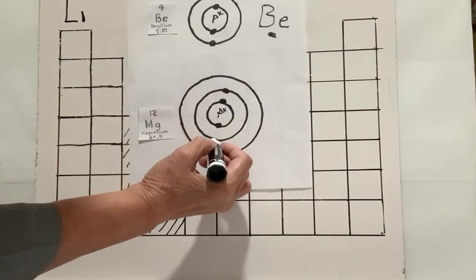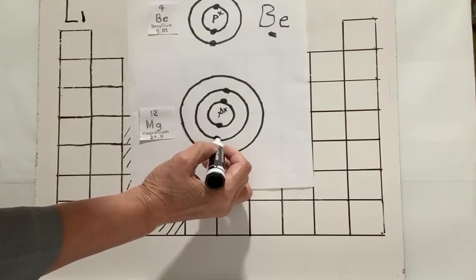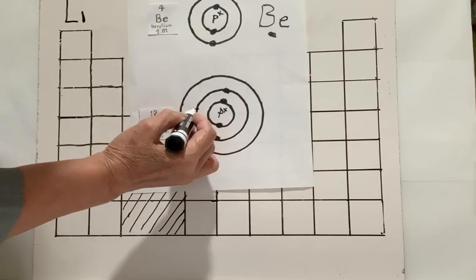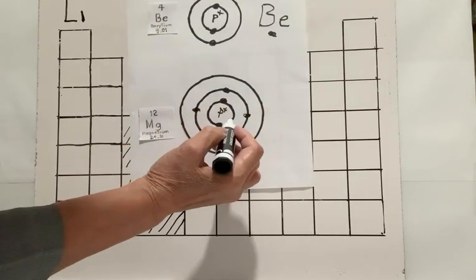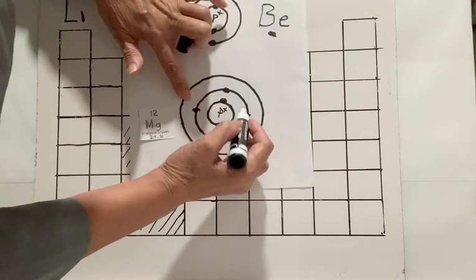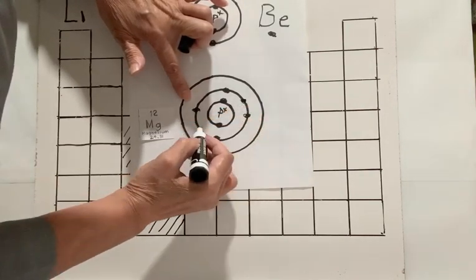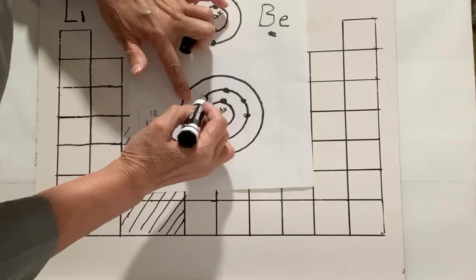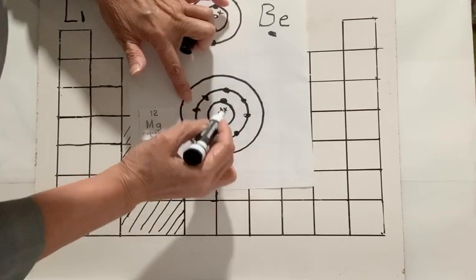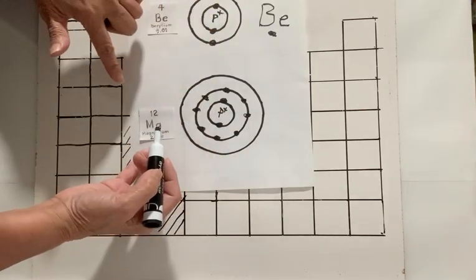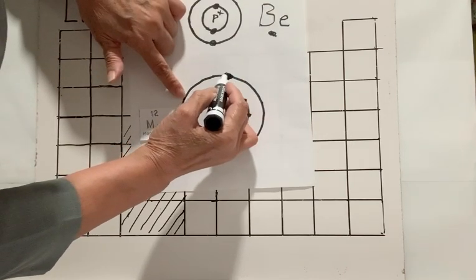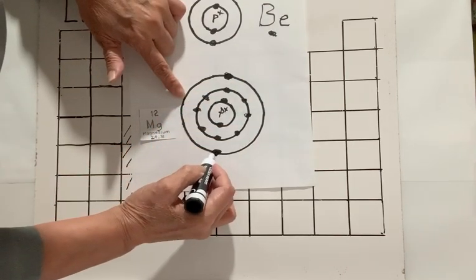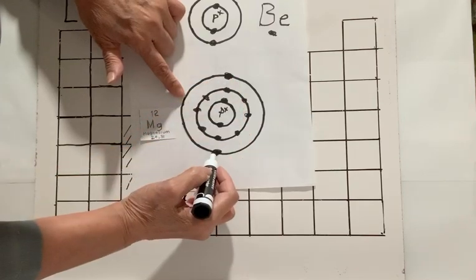So, 1, 2, 3, 4, and then we have 5, 6, 7, and 8. So 2 plus 8, 10. So there are 2 more, right? So the other 2 valence electrons are in here.